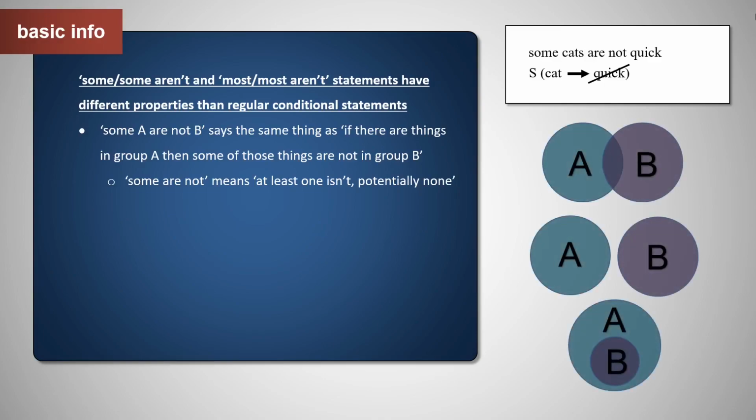And so here's the way of visually representing that. The first one is your standard one, because you've got an A circle and a B circle overlapping, and as long as you have part of the A circle that is not part of the B circle, that also means some are not, because that means that there are things inside that A circle which are not inside the B circle. So we have that in those two top circles as well.